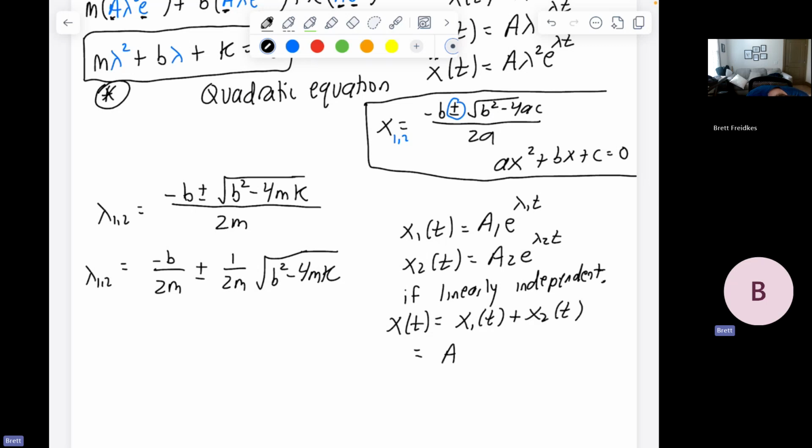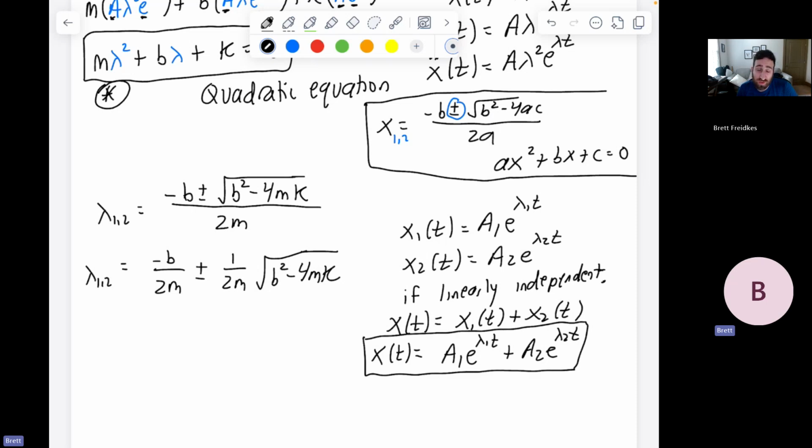That will give us a1 e to the lambda 1t plus a2 e to the lambda 2t. And that's our general expression for this, the displacement of the mass in terms of the mass, the stiffness, and the damping coefficient.